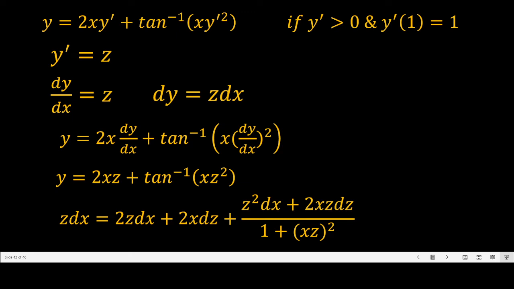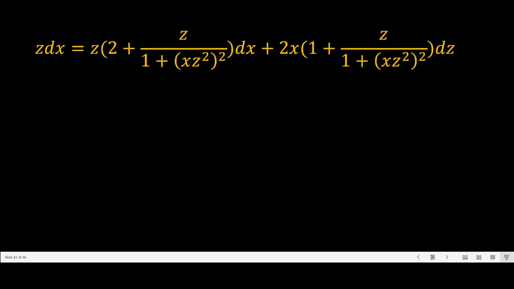And if we take the derivative of both sides, we will have z dx equals 2z dx plus 2x dz plus the derivative of tangent inverse, which is z squared dx plus 2xz dz over 1 plus xz squared to the power 2.